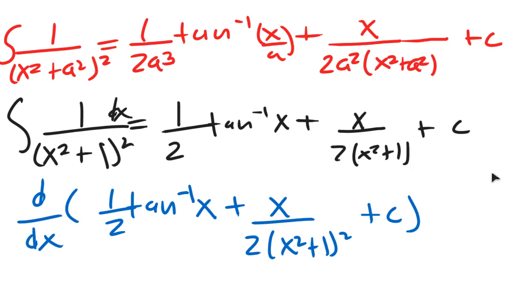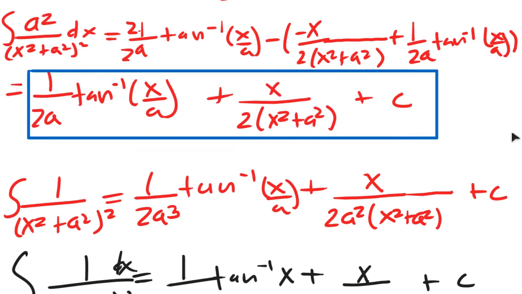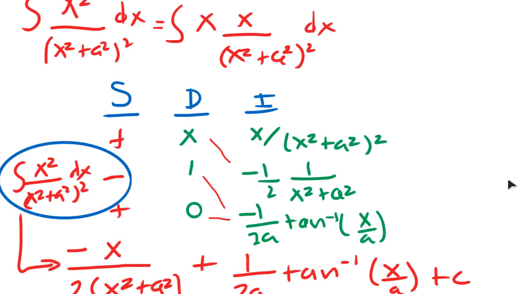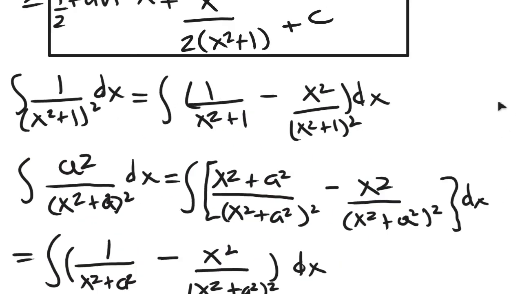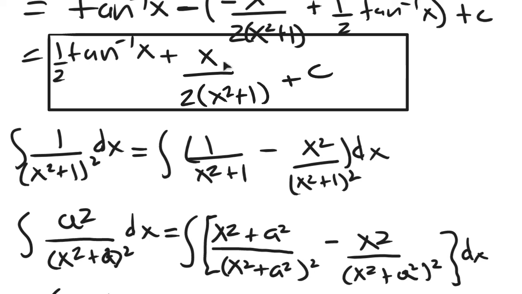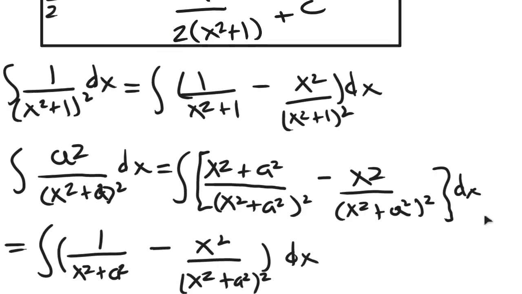But we really don't need to, because if we scroll back up, we found it right here, right? Yeah. So this is our answer: 1/2 arctangent inverse of x plus x over 2 times x squared plus 1 plus c.